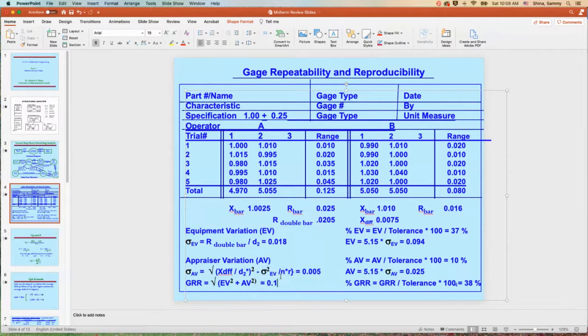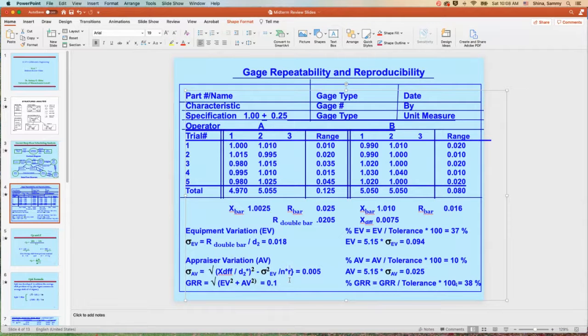So what is N and what is R? N is 5 parts. There's the 5 parts. And R is how many times repeated. We have 2 operators. So N times R, N is 5 and R is 2, so that's 10.